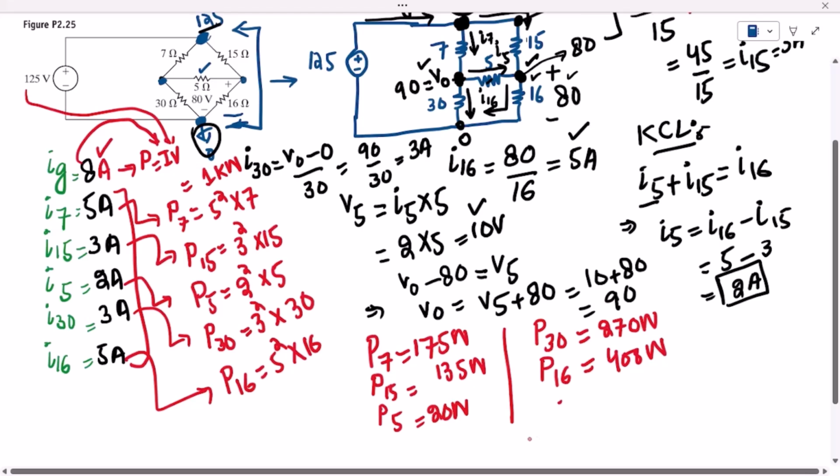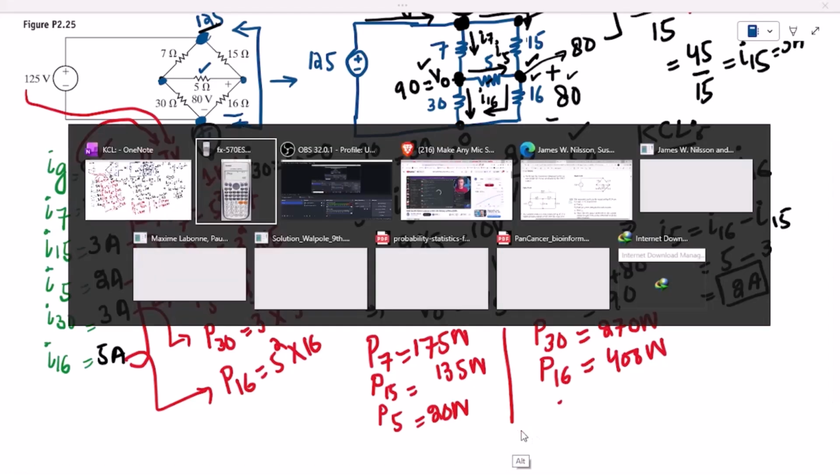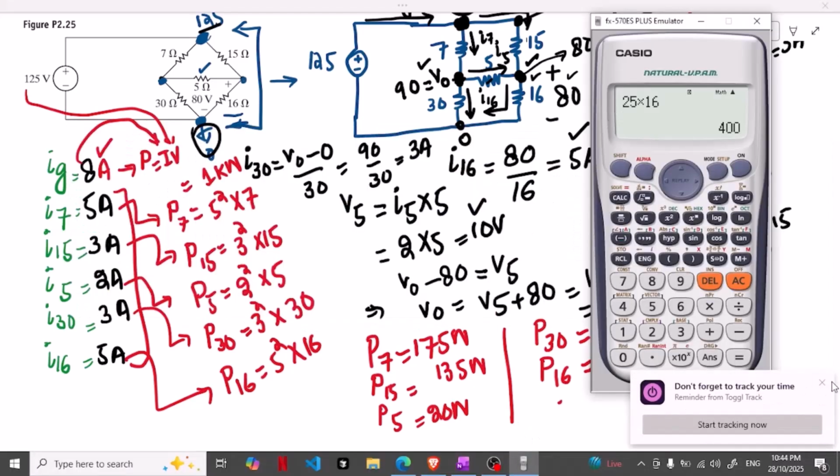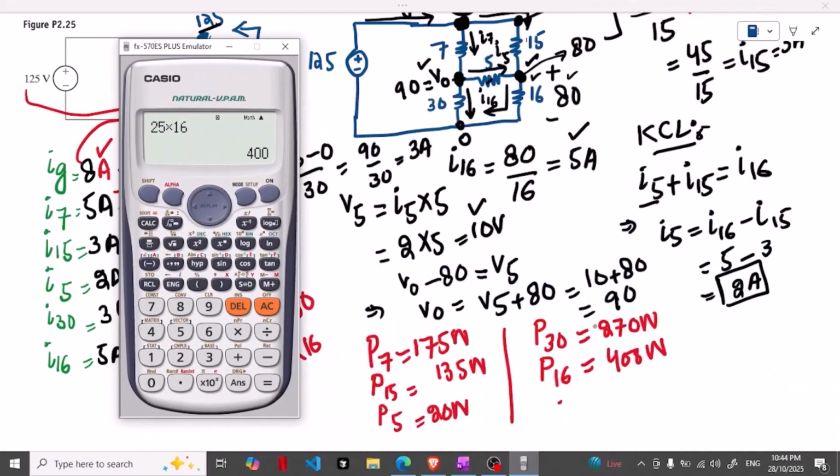Let me now add them all together. This is 400 plus 270, plus this one 20, plus 135, plus this one 175.